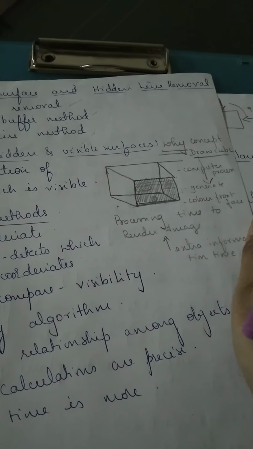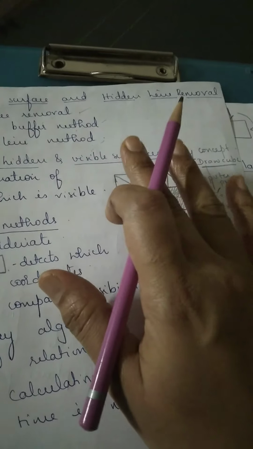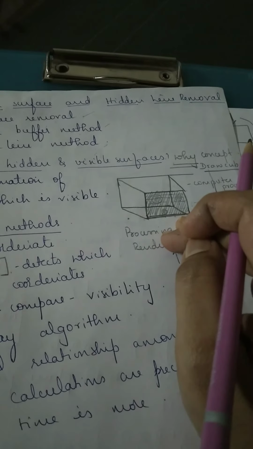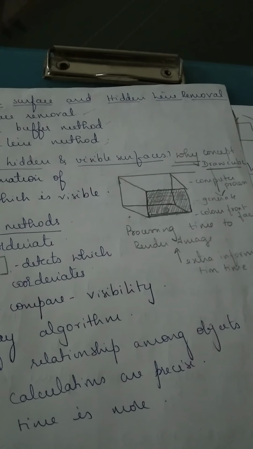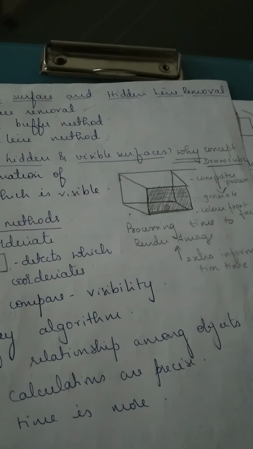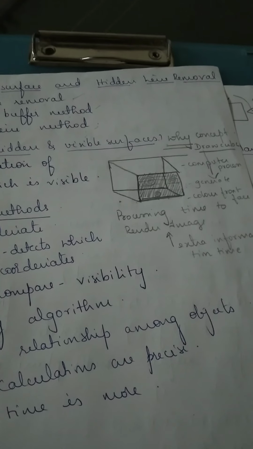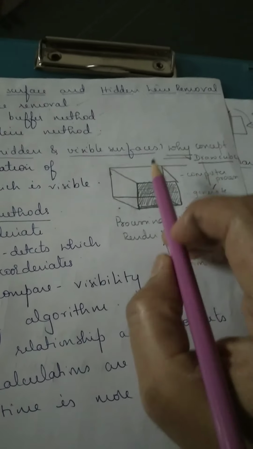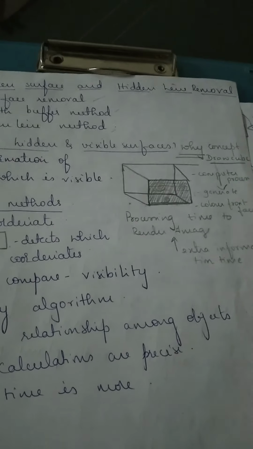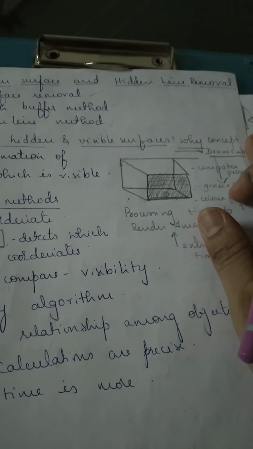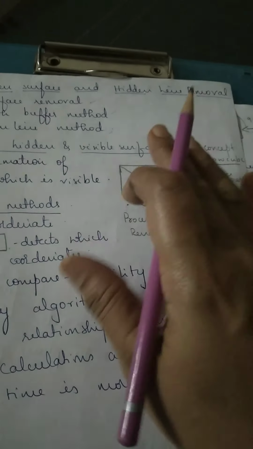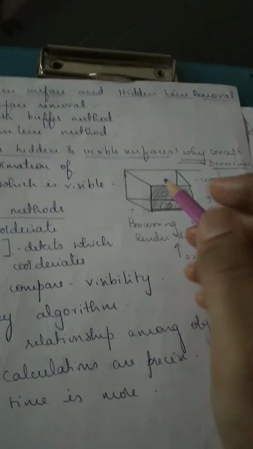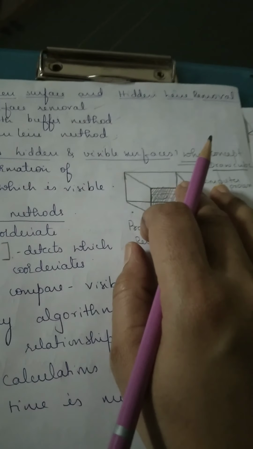So the processing time to render the invisible surfaces as well as the visible surfaces to display my image on the screen will be the same, because these three parts are not skipped. They are already processed, so the computer will take extra time to process those parts of the image.